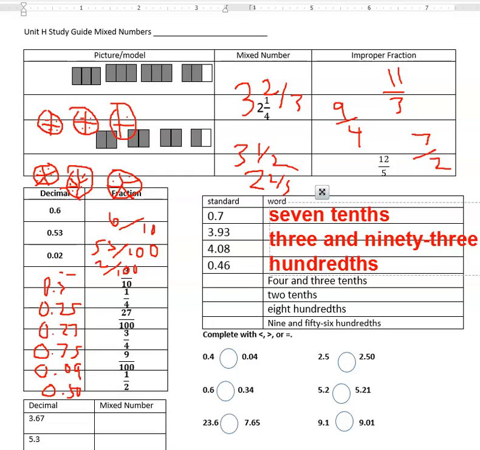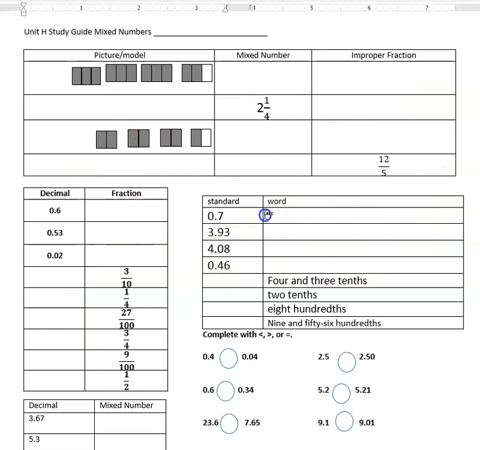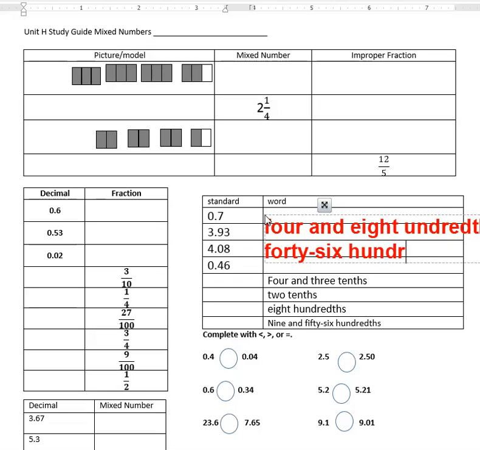And I'm going to clear them out of the way, and I've got those two, so I got 4 and 8 hundredths. And at the very bottom, 46 hundredths.